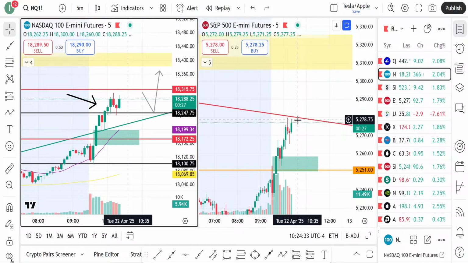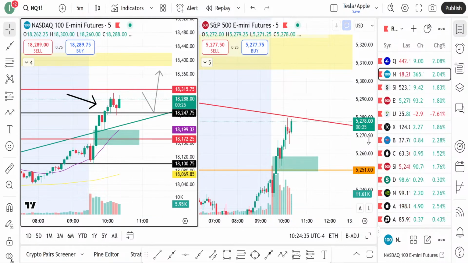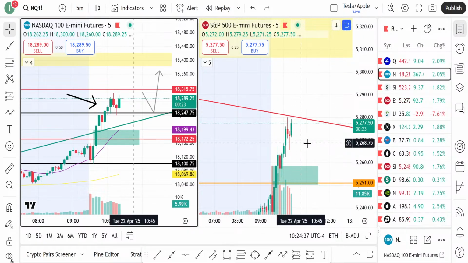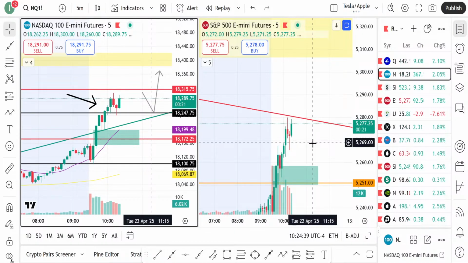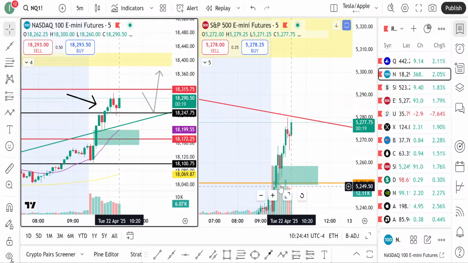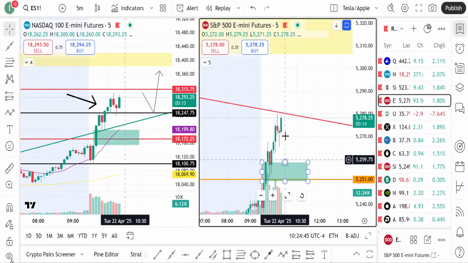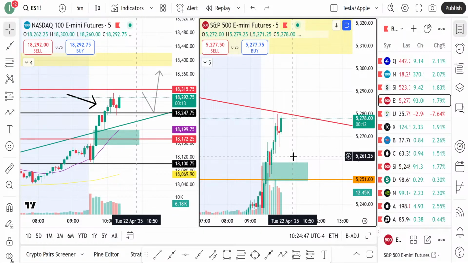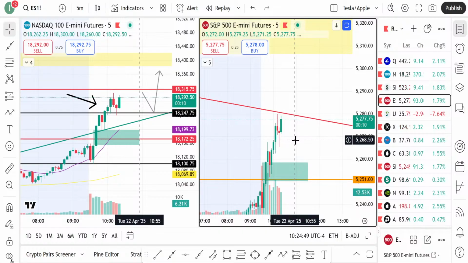Yeah, we're struggling to get past this resistance here. We might see some volume stepping in here in a second, hopefully, as we break out. If we don't, then yeah, this might fail.